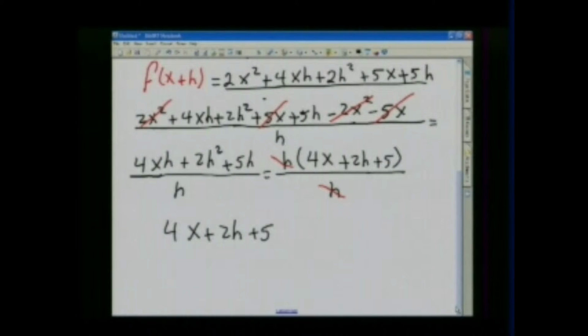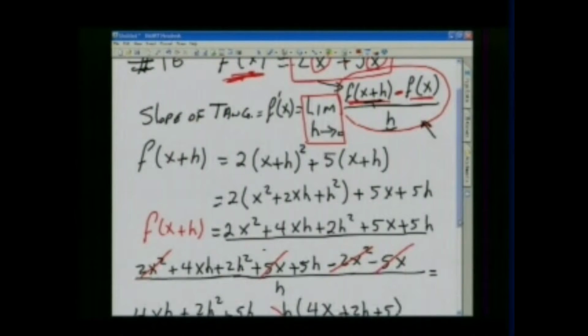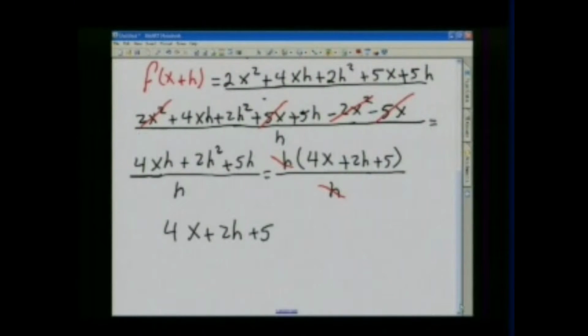Now, again, remember the idea was to take the limit and drive h to 0. So we simplify, and we are at the point of saying it is the limit of this function as h is driven to 0. As you can see, the only place you have h is this middle term. As h is driven to 0, this middle term would get smaller and smaller, and it would end up being 0. In other words, this would look like 4x plus 2 times 0 plus 5.